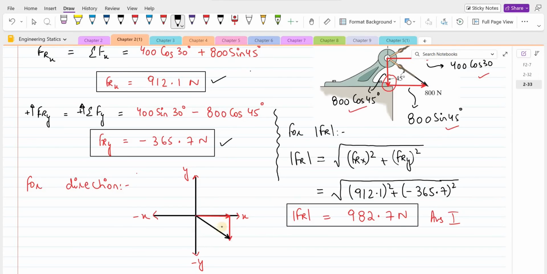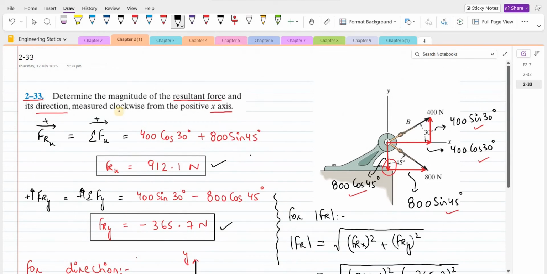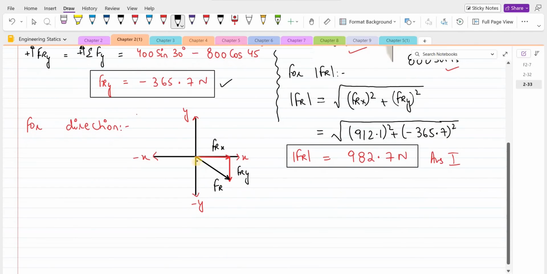Let's label them as well. This is F_Rx, this is F_Ry, and this is the resultant force F_R. Since we have to measure the direction clockwise from the positive x-axis, we have to find this angle, actually. Let's call this theta.